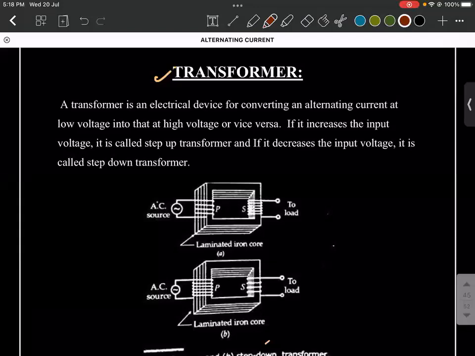So it is an electrical device. It is not an electronic device. It is an electrical device which is used for converting only alternating current. This is an important point.